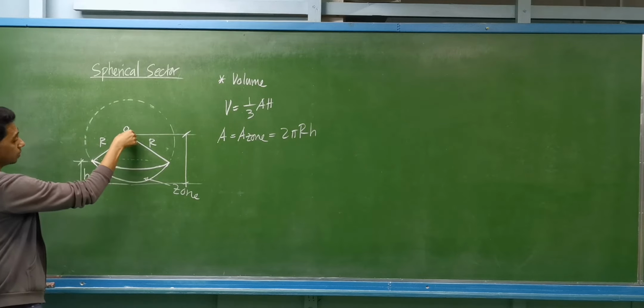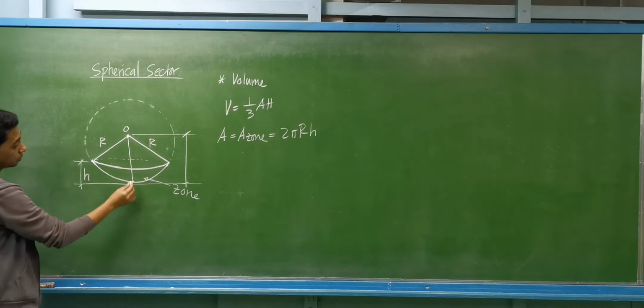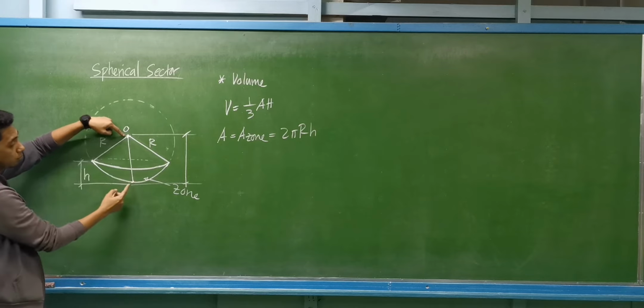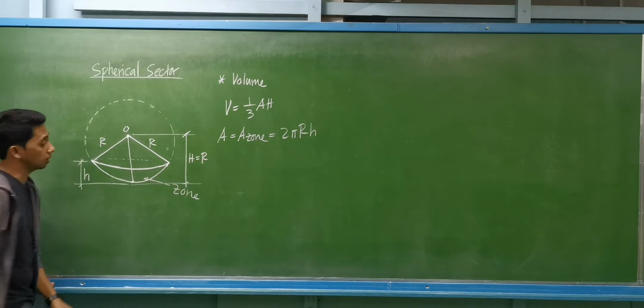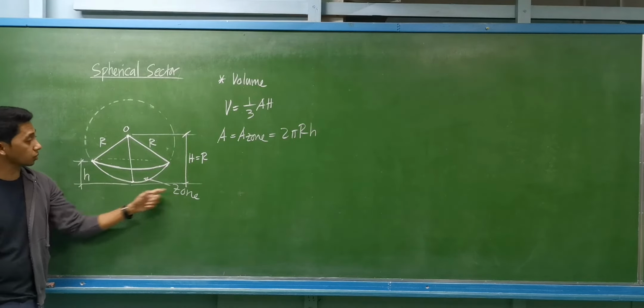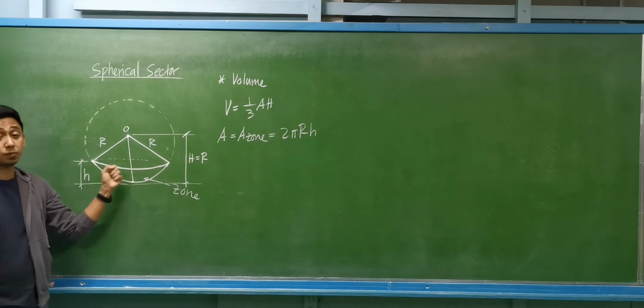If you are to observe this distance from the center of the sphere to the surface of the sphere, it is the same as the radius. Take note that the altitude of a spherical sector is the same as the radius of the sphere.